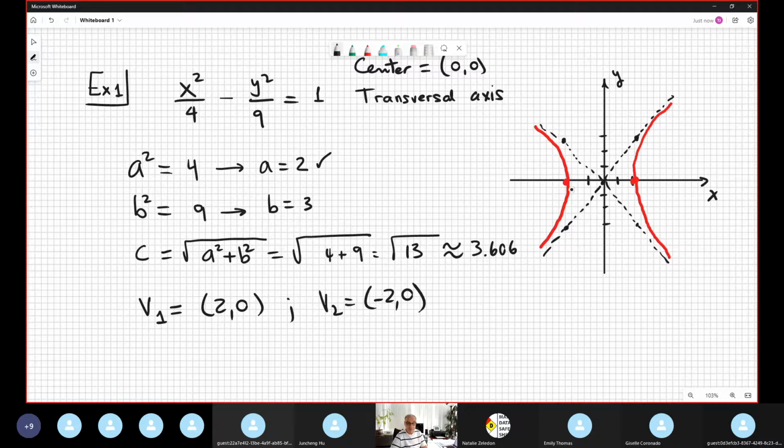Now finally, what is the equation for the asymptote? Asymptote 1 and asymptote 2. You can copy both: y equals plus and minus b over a, which is 3 over 2.